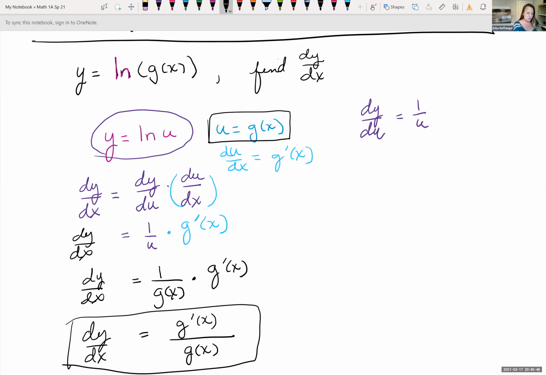So same sort of idea if we're looking at a log other than natural log, with base b.